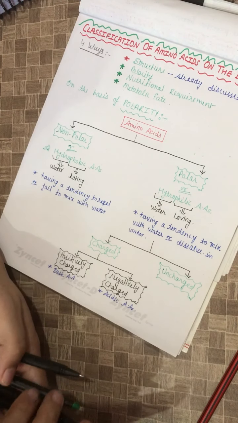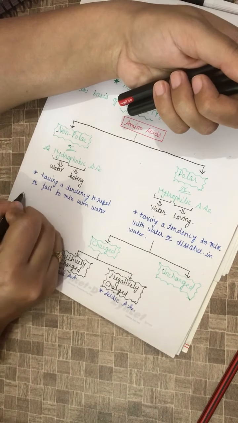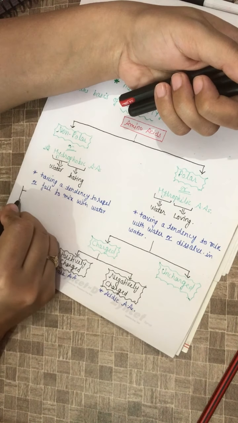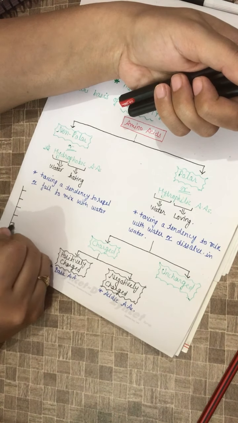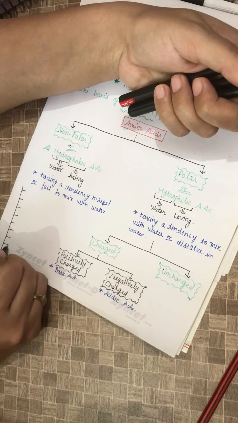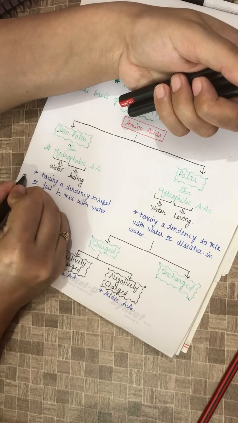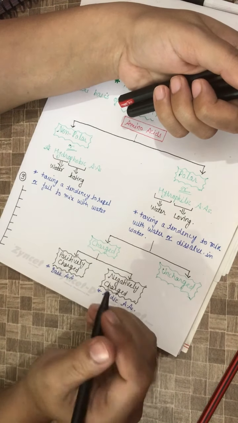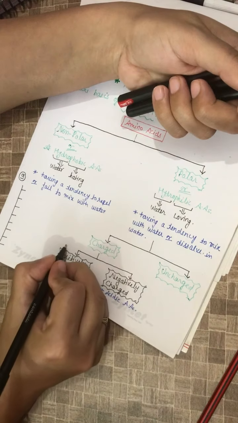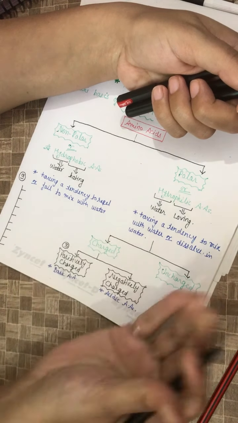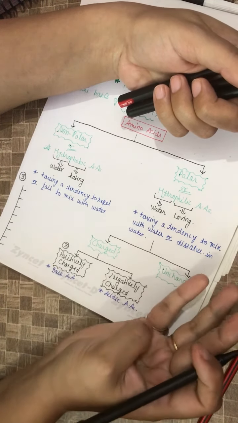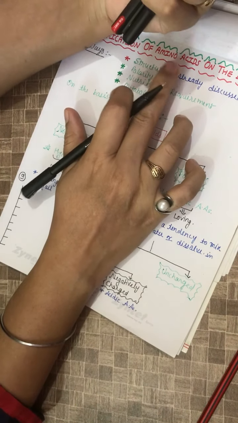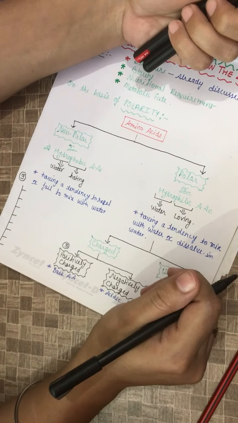Now let's see which amino acids come under the non-polar category. There are actually 9 amino acids under the category of non-polar amino acids. We have 3 positively charged or basic amino acids, which we have already discussed in great detail under structural classification.